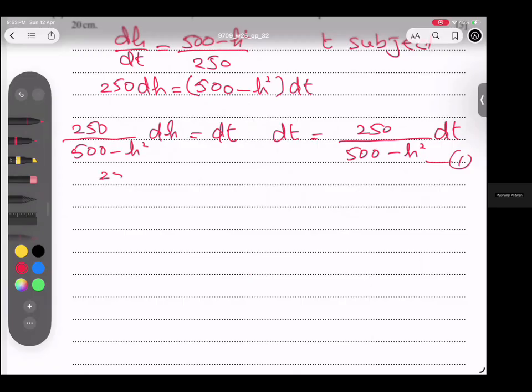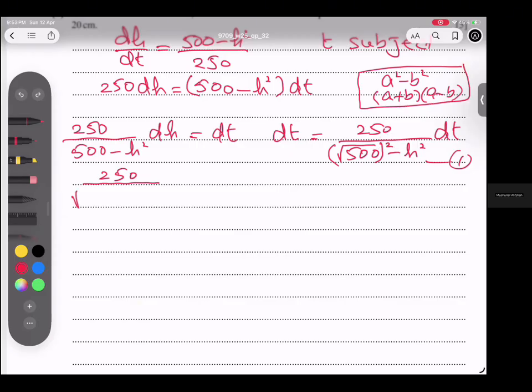So basically 250 over (500 minus h square). I can write it now as root and square. The reason is that a square minus b square property is compulsory: one time a plus b and one time a minus b. This property I must use here. That is why I produce power 2 on top.